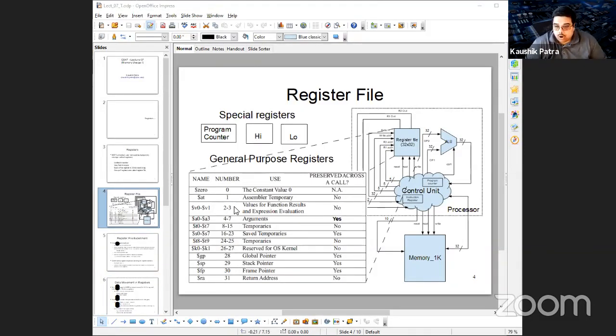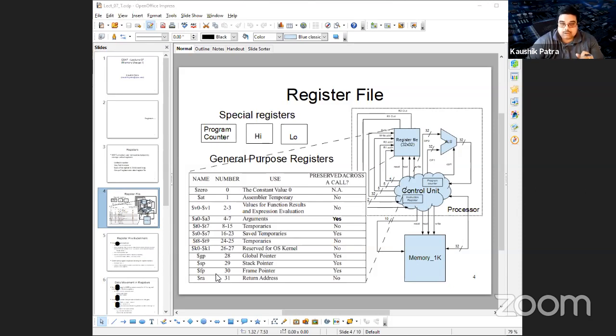Or you can refer to them in your program by their names, like $zero, $a0, etc. They have been given names so that you can easily remember their purpose. Each of them has a purpose.